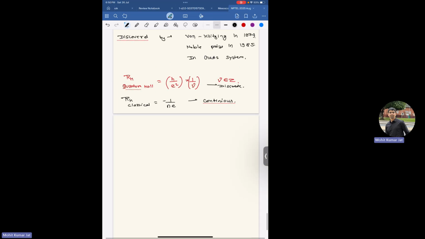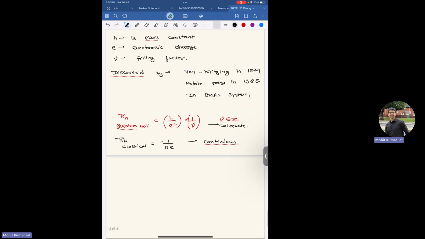And why it happens is something fundamentally different for these two systems, classical and quantum Hall. Classically, you explain it from the Lorentz force, how the Lorentz force modulates the carriers to go in the transverse direction. But for the quantum Hall effect, you have to incorporate quantum physics.